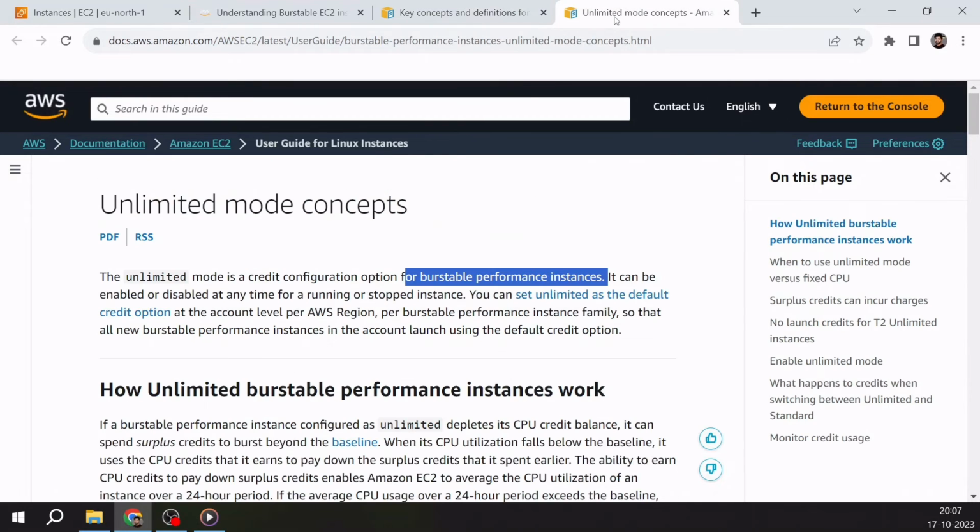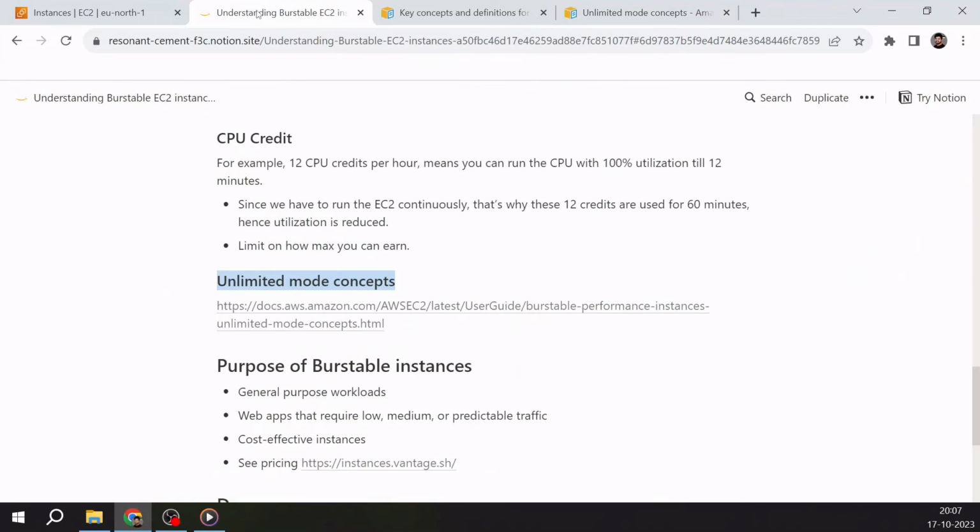So this is a very important feature which I like, because this gives reliability and confidence that my instance will run in any situation, even if the CPU utilization varies, if it goes high or comes down. So this is the unlimited mode concept.